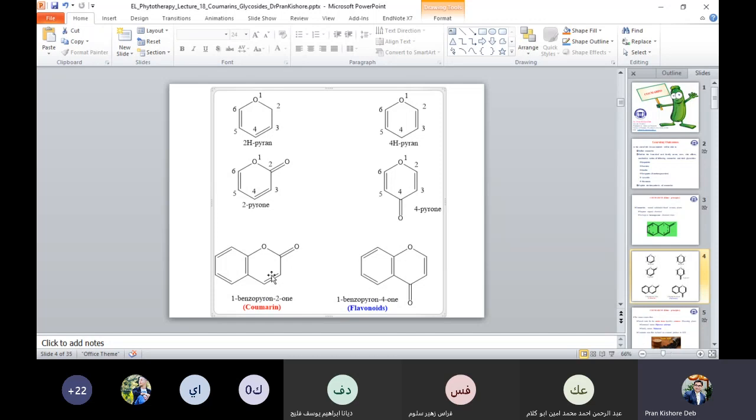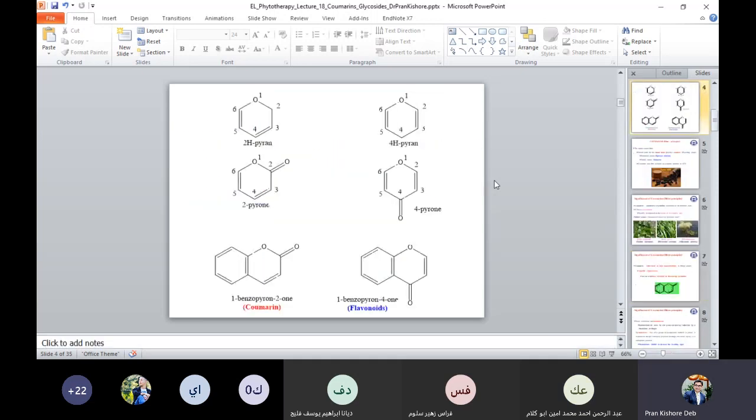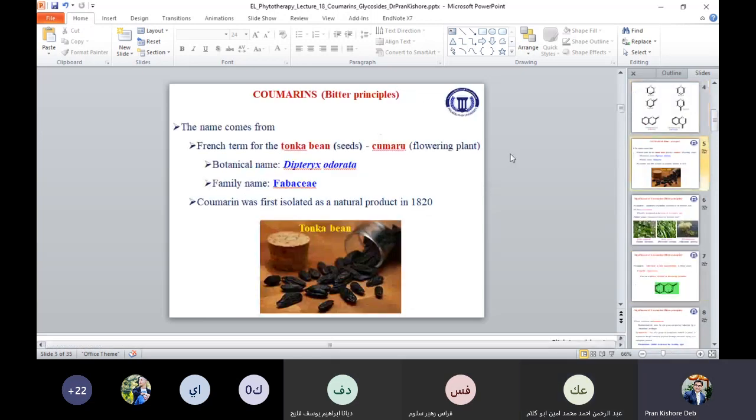The flavonoid has a C6-C3-C6 structure, so it is bound to have another phenyl ring. Even though both have only one difference, 2-benzopyrone and 4-benzopyrone, another difference you will see in flavonoid is the presence of another C6, which is not present in coumarin. Is it clear? Yes. Okay, so we go to the next.